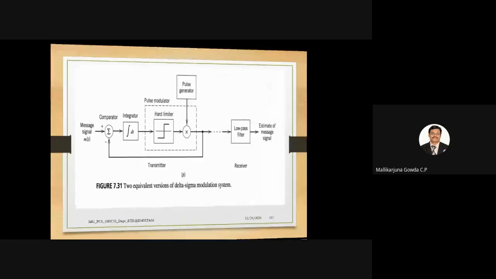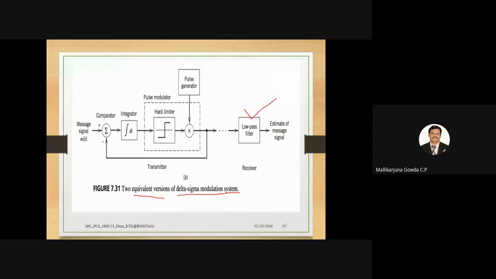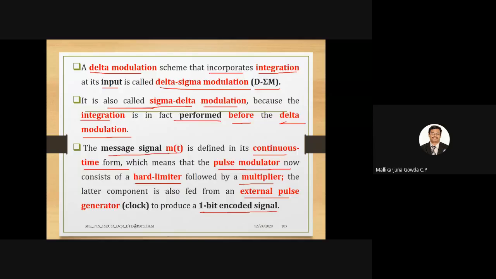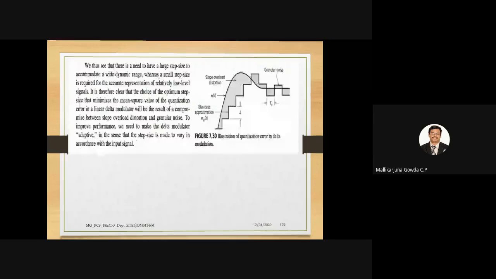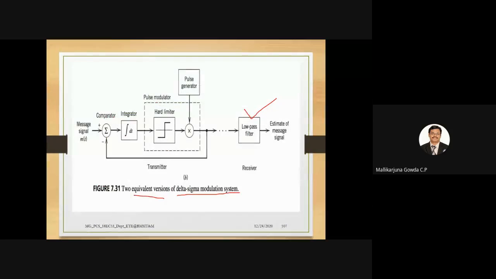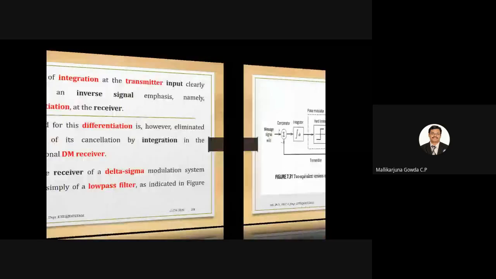In conventional delta modulation, we used to have a decoder, then an accumulator, then a low pass filter. This has been eliminated because we use the integration on the transmitter side, so the receiver becomes simple.